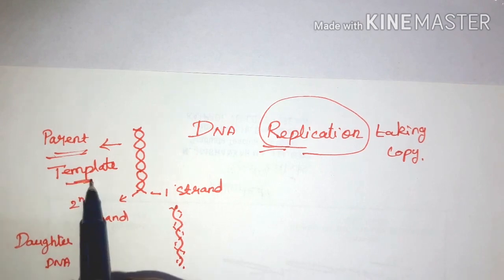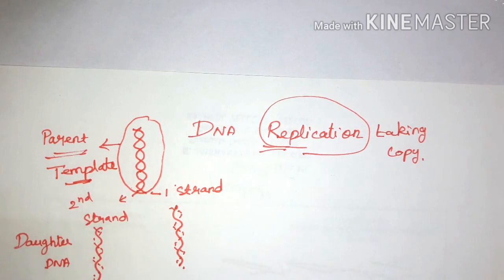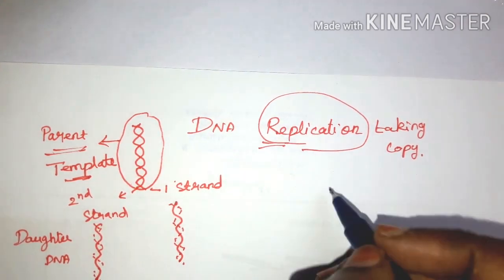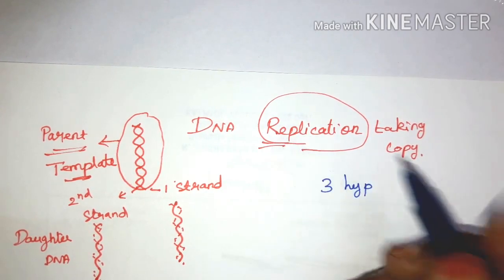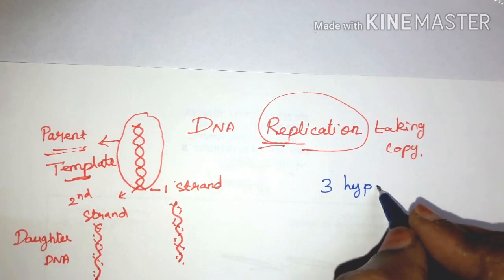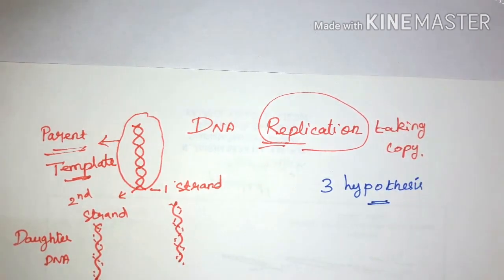That is called a template. So this parent DNA is acting as the template in this case. There are three hypotheses taken out to explain DNA replication. Hypothesis means it's a rule or a model which is to be taken as a hypothesis.